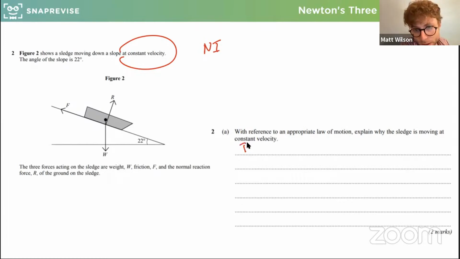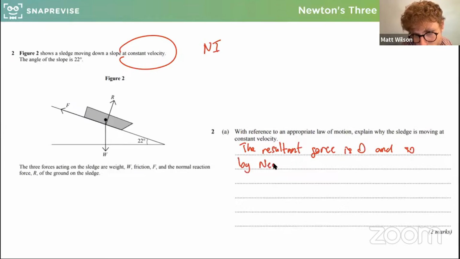So here we can say the resultant force is 0. And so by Newton's first law, what can we say?